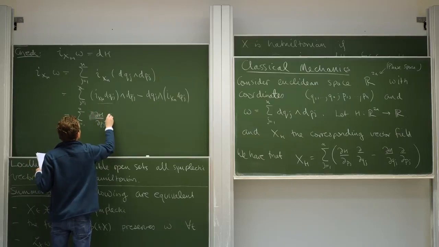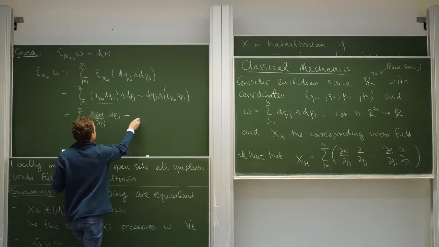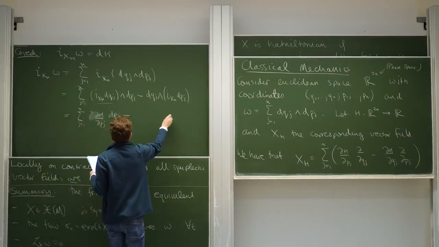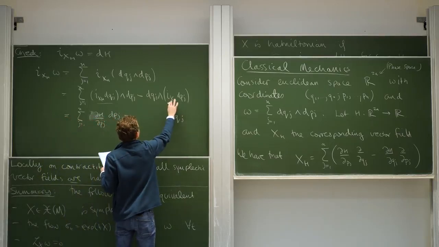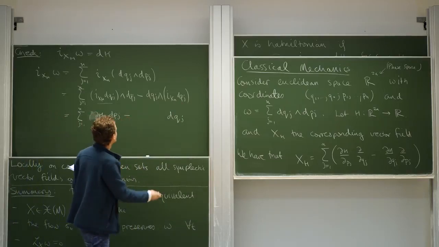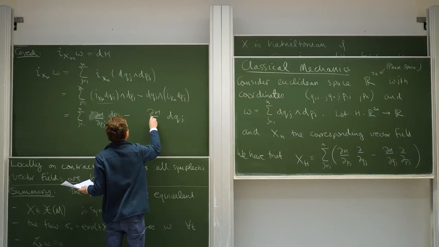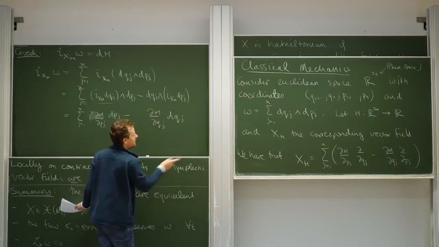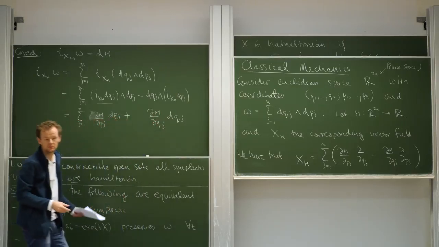So that becomes a number, and we're left with the dp_j there, minus internal product on that one-form, which is just again evaluating the one-form on the vector, and that should give us dH/dq^j, but there's a minus sign, so we get that.